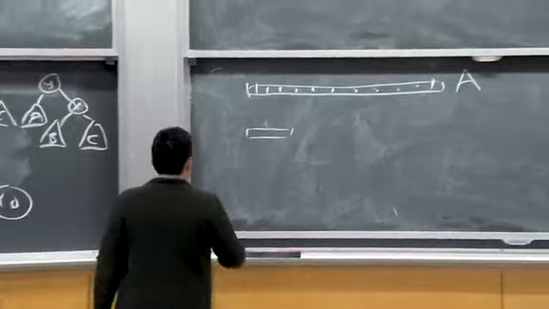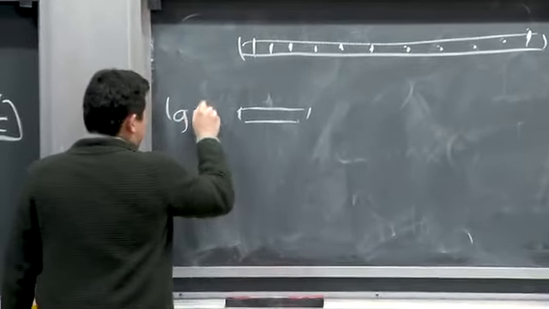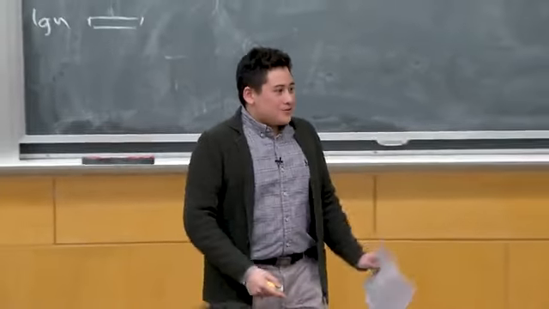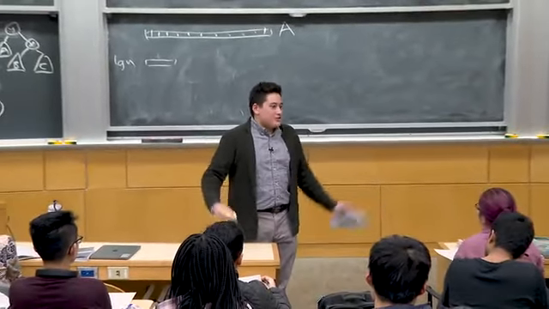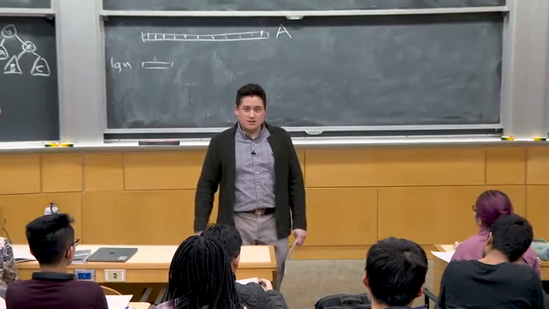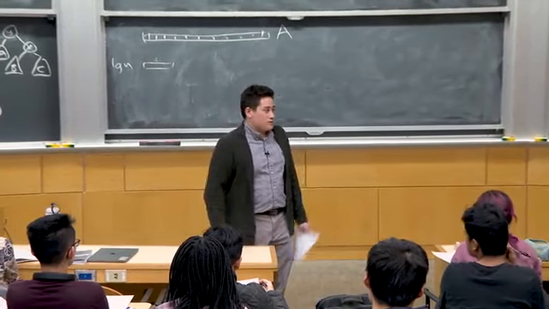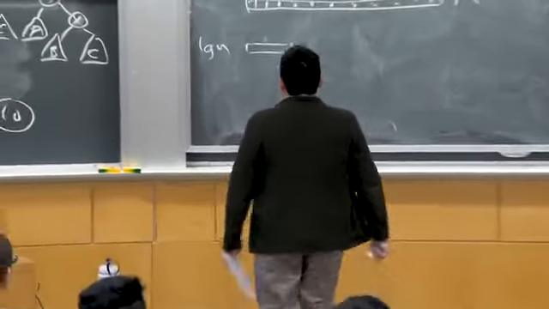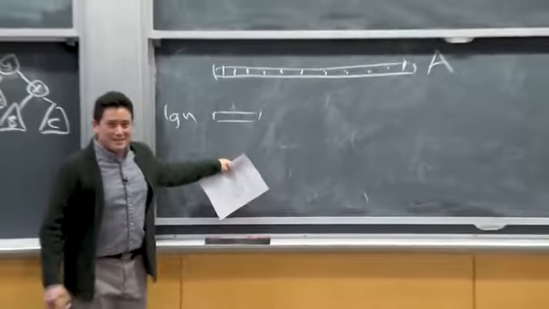Well, I can certainly put log n things in there, right? So if I'm given that restriction, I probably want to build a data structure of that size, containing that number of things. That makes sense? Because what else are you going to do? So I gave you an idea.